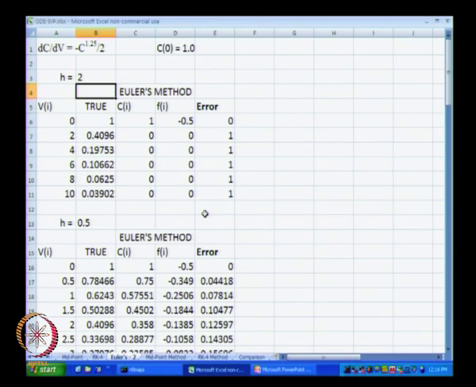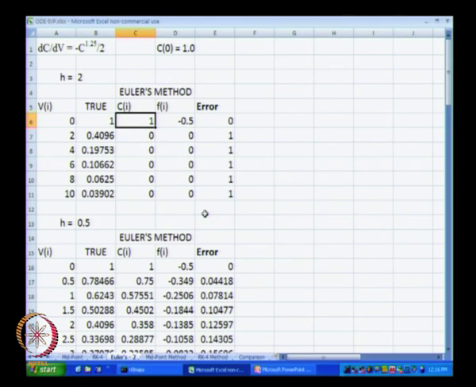Now when we see h equal to 2, there is some funny business that is happening. If you look at the predictions of Euler's method with h equal to 2, the initial concentration was equal to 1, but the concentration immediately at volume V equal to 2 has dropped to 0.